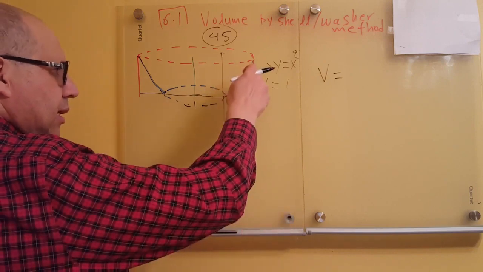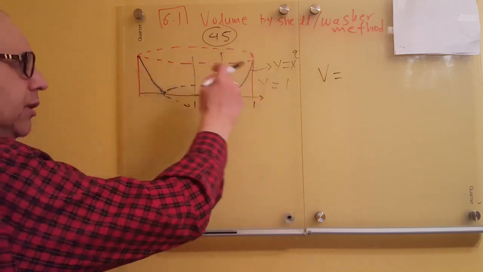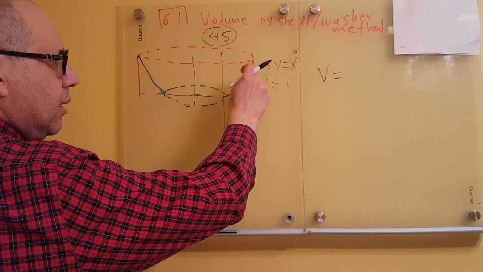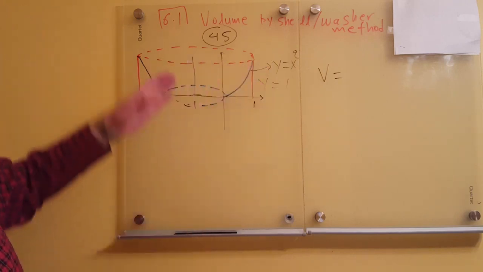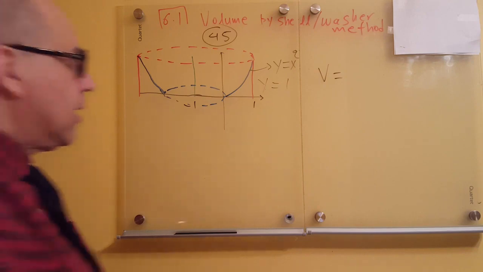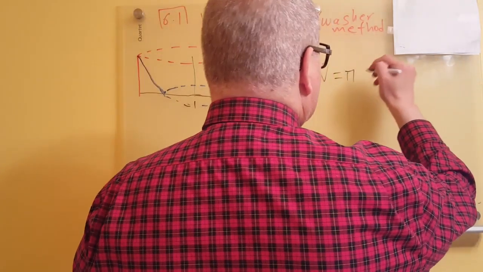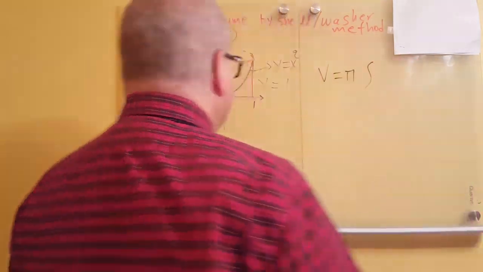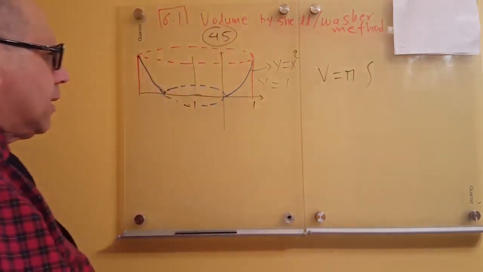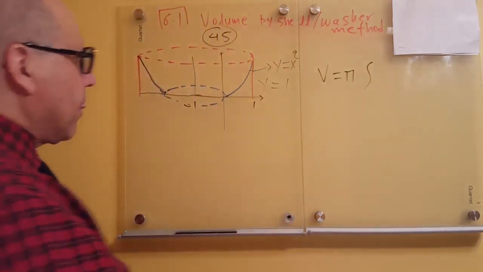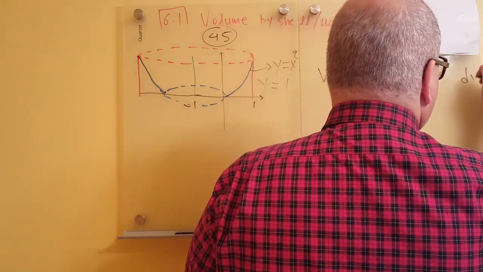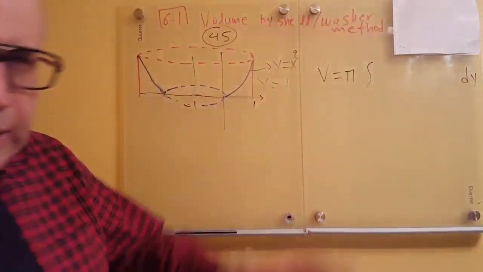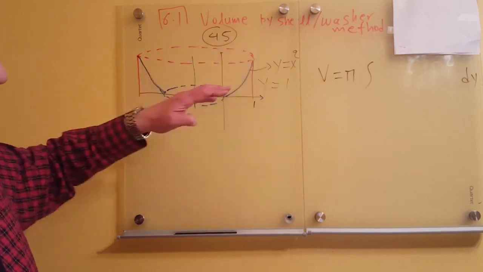In this case, the radius that you are rotating is from the red line to the green line. So that means, of course, it's pi. Let's put here dy, since we're rotating with respect to an axis parallel with the y-axis.